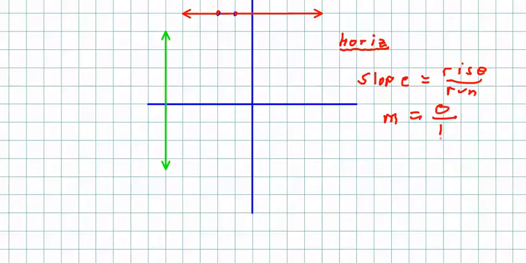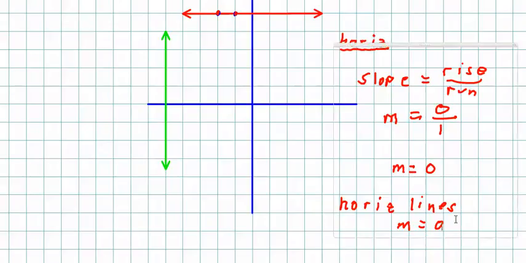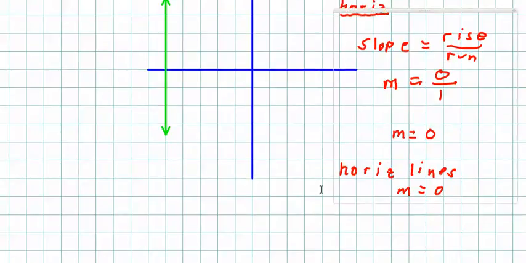My run is 1, but my slope is 0. All horizontal lines have a slope of 0. Okay? Horizontal lines, m equals 0. Always. 100% of the time, without exception.